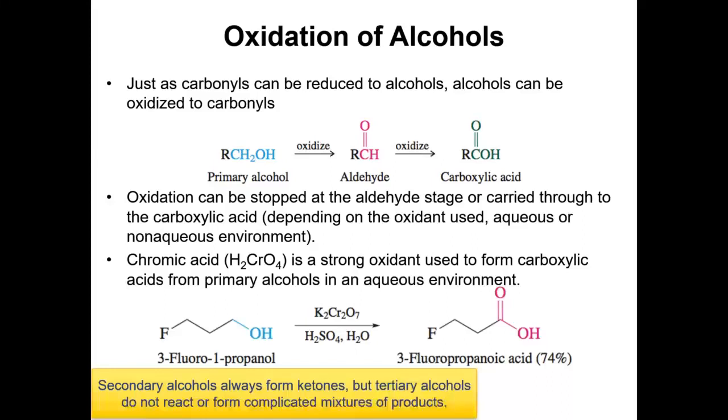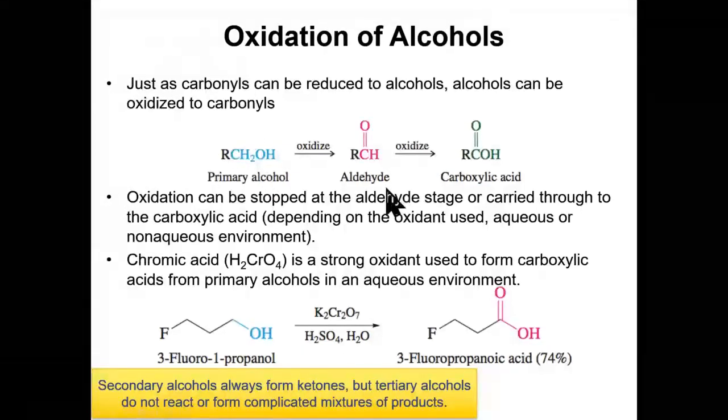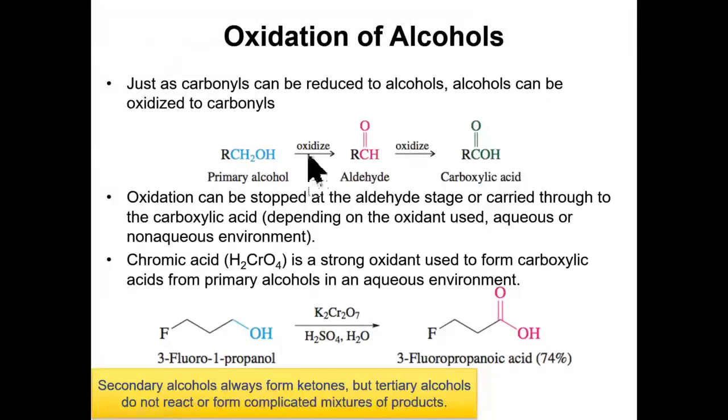So if carbonyl can be reduced into alcohol, then alcohol technically could also be oxidized into carbonyl. So if we start with a primary alcohol, you may oxidize it to the stage of an aldehyde.